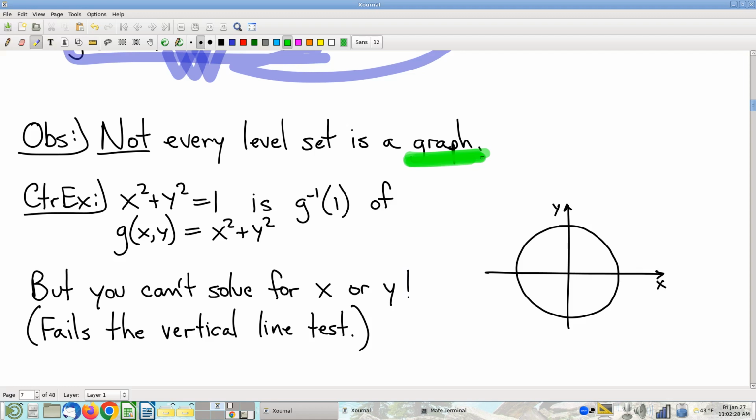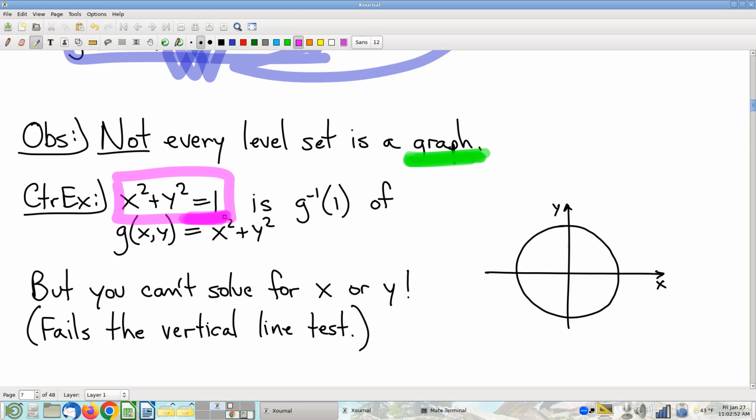So, for example, let's look at this one right here. Here's an equation. This is a level set. Right? I've got stuff equals constant, so I can do calculus of level sets all day long, no problem. But can I use the calculus of graphs here? No. I can't solve for y. I get two different values.